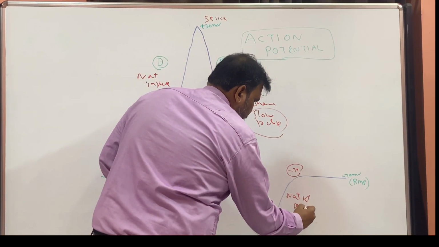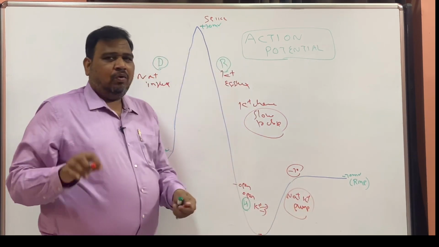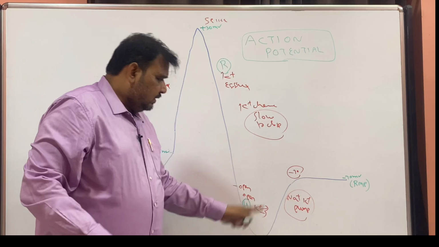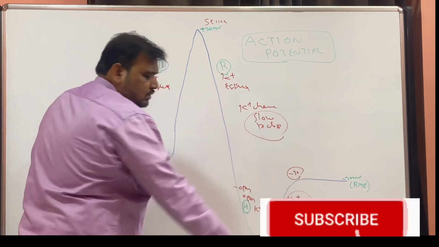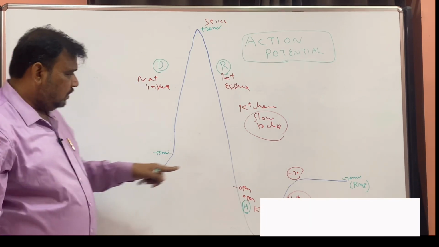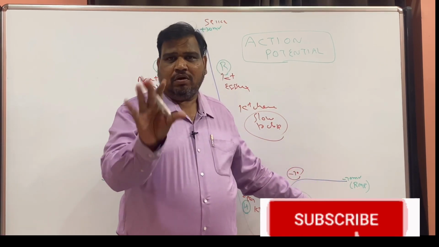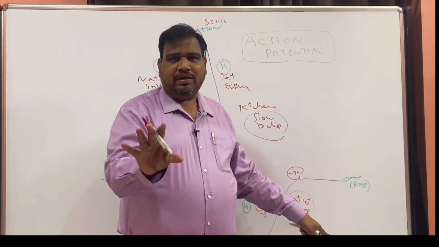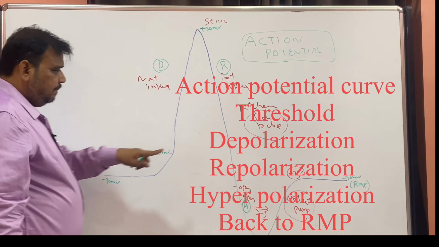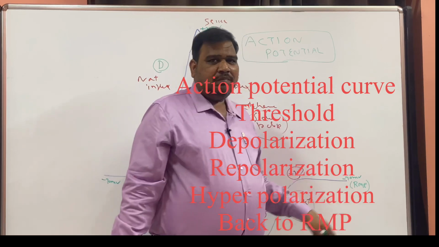In my previous video, I explained clearly how RMP is formed. So the sodium potassium pump brings the resting membrane potential back to minus 70. So this is the complete action potential curve of a neuron. It starts at minus 70 millivolts and ends at minus 70 millivolts.